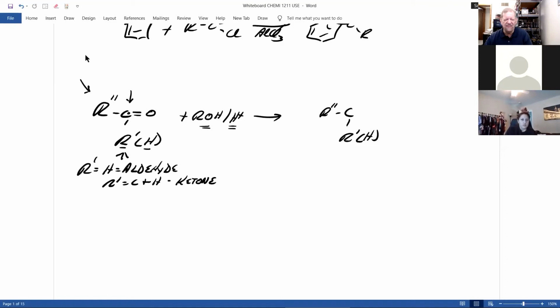That's this carbon, which is now this carbon. But you break the pi bond, and H goes on the oxygen, and OR from the alcohol goes here. And this is the first step Mother Nature uses to make carbohydrates.